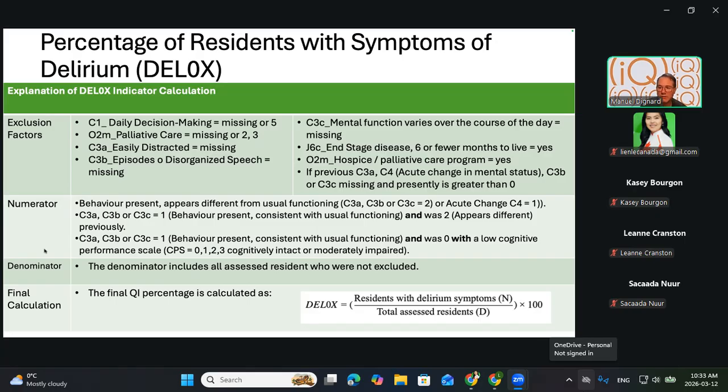So facilities will use this QI to flag those possible undiagnosed infections or medication-related complications, trigger medical or interdisciplinary reviews, support early intervention strategies to try and reduce hospital transfers, falls, functional decline. High rates of delirium should definitely prompt a closer look at environmental, clinical, medication-related factors within your home.